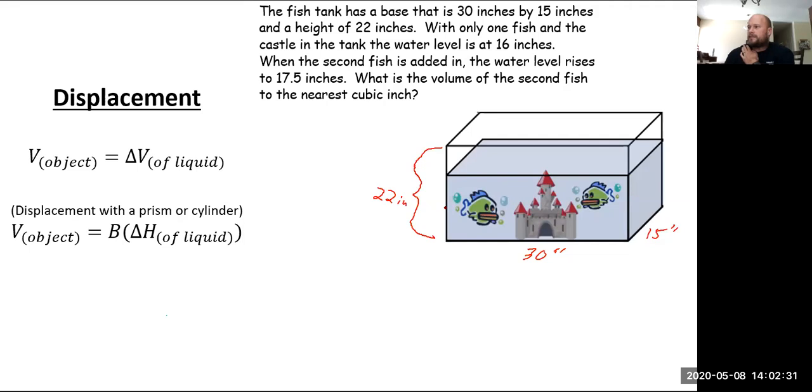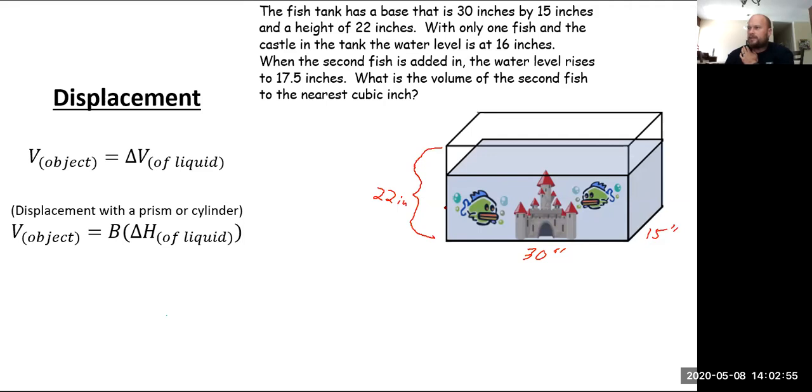Then it says, with only one fish and the castle in the tank, the water level is at 16 inches. So originally the water height was at 16 inches. When the second fish is added in, the water level rises to 17.5 inches.